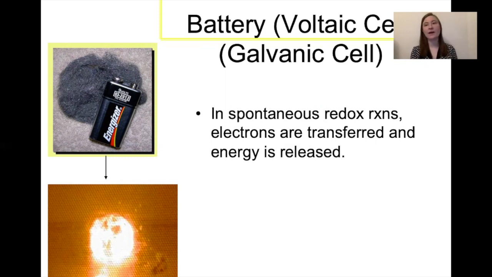And it's worth knowing a battery is composed of a bunch of voltaic cells, which are also referred to as galvanic cells. Voltaic cells and galvanic cells are 100% just synonyms. And we're going to talk today about what those are and how to construct them. But that's what a battery is.